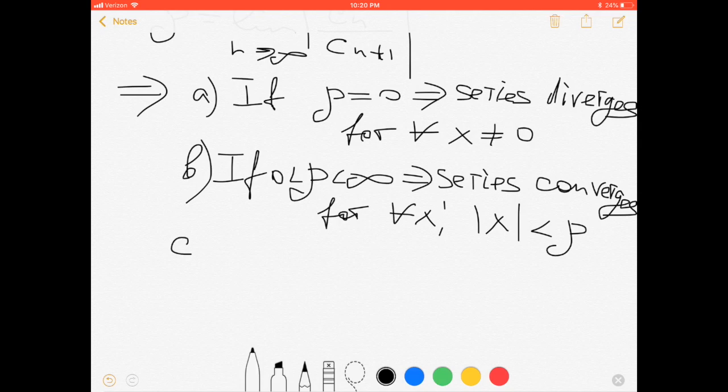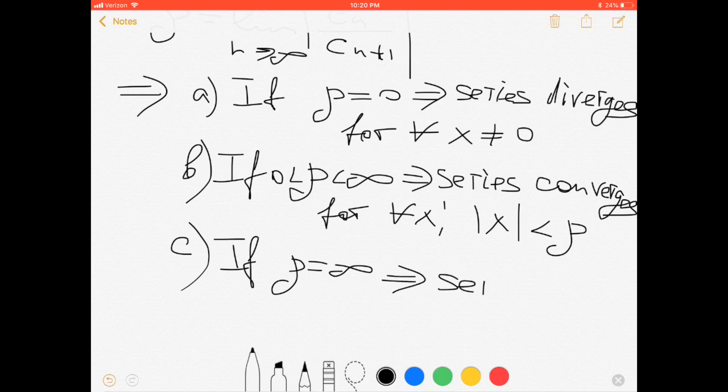And the last possible situation, if rho equals infinity, this means the series converges for any x.